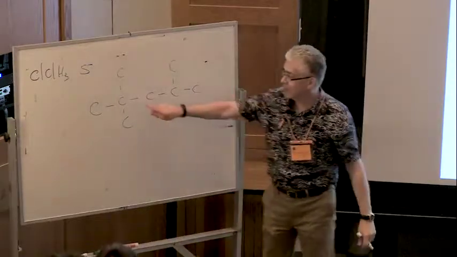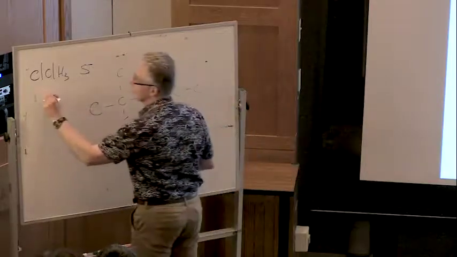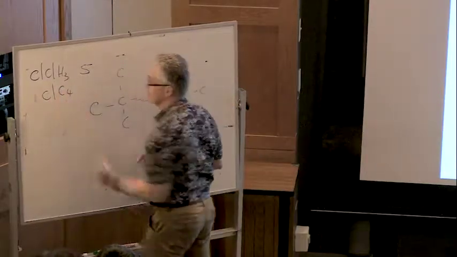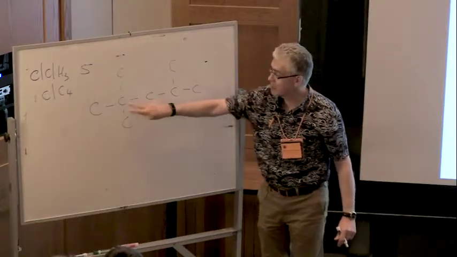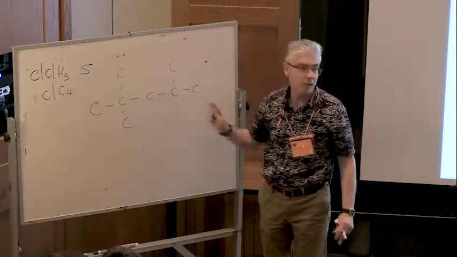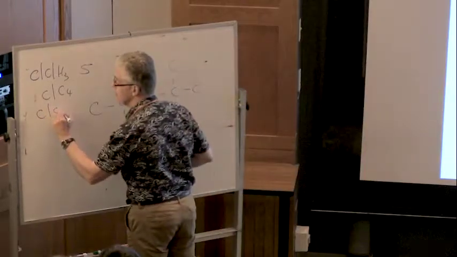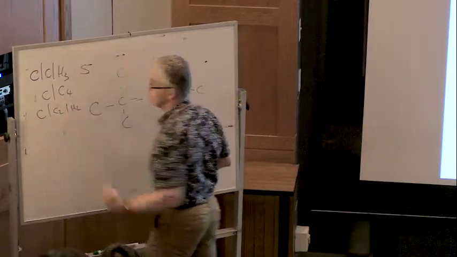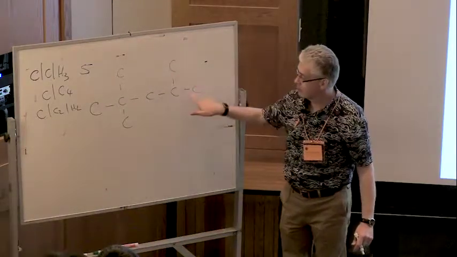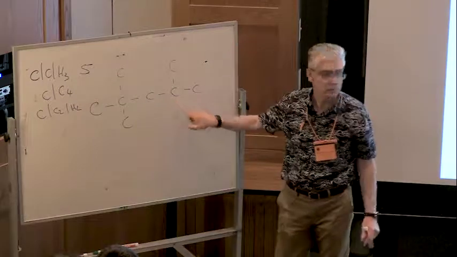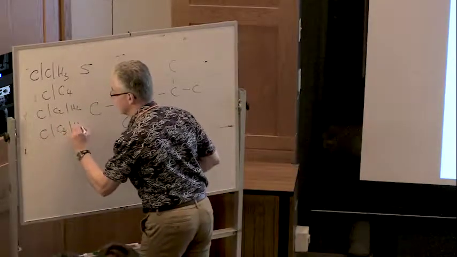Then we have a C bonded to C4, and we've just one of them. Then we have a C bonded to C2, bonded to H2, and we've one of them. And finally we have a C bonded to C3, bonded to H.